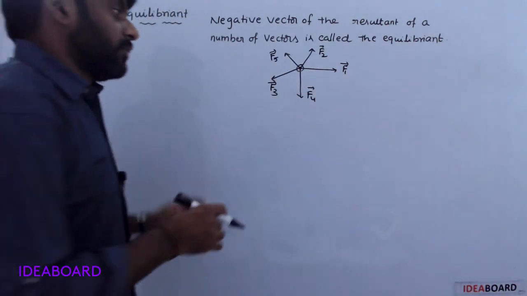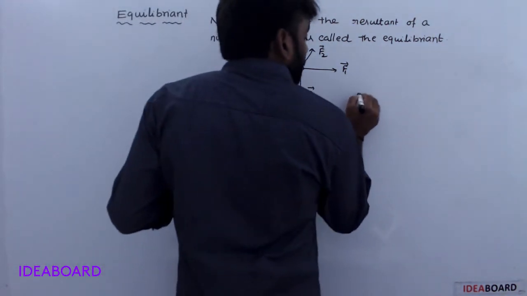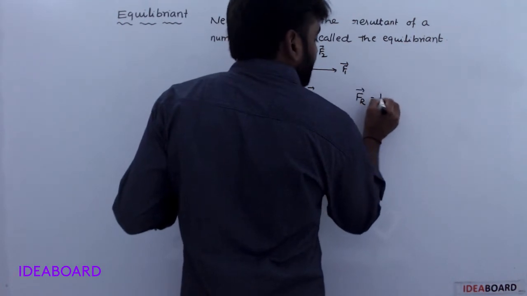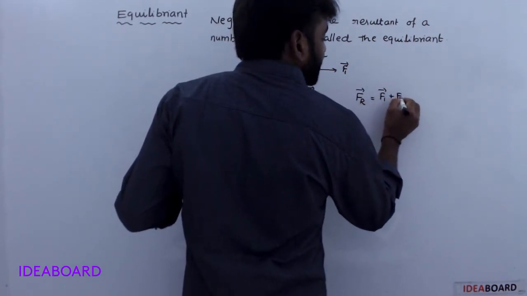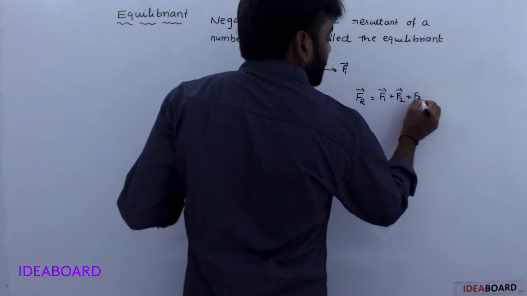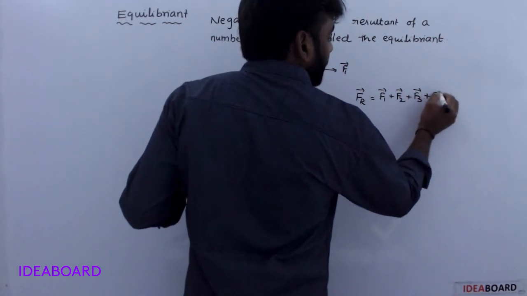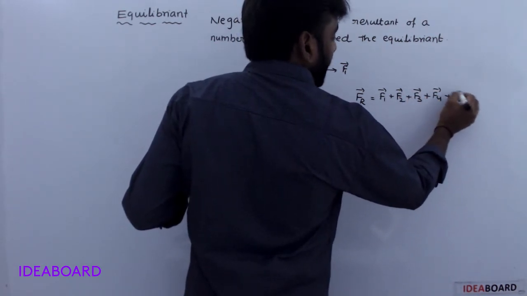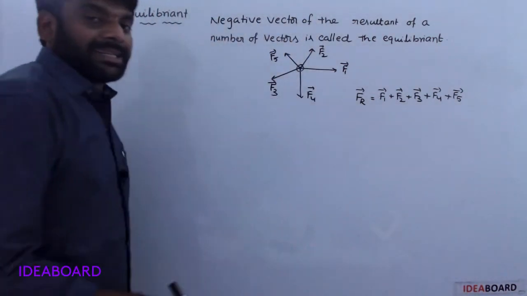Now the resultant force is written as F1 bar plus F2 bar plus F3 bar plus F4 bar plus F5 bar. Understood? That is the resultant force.